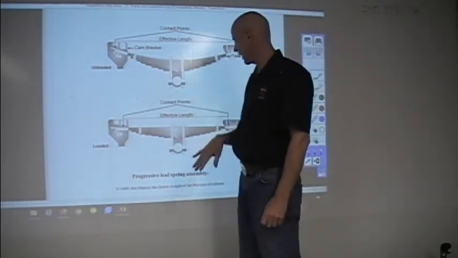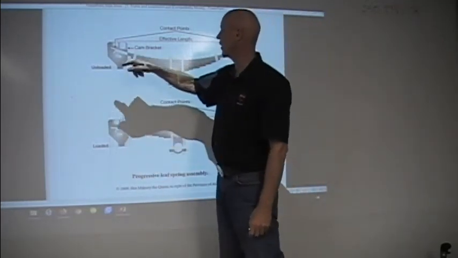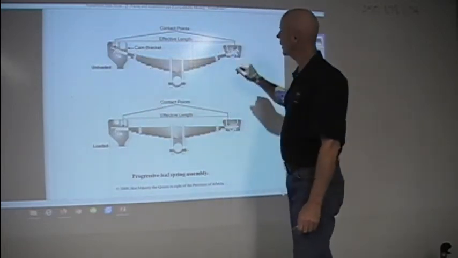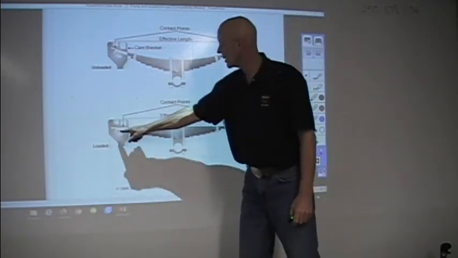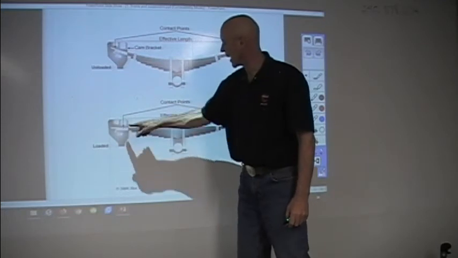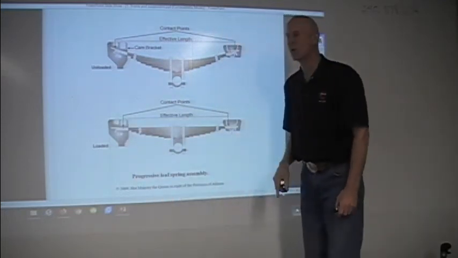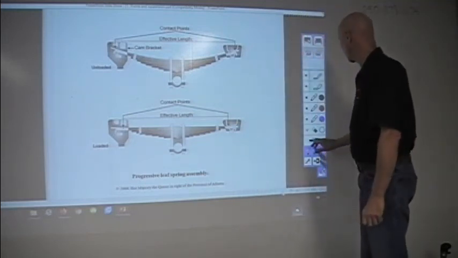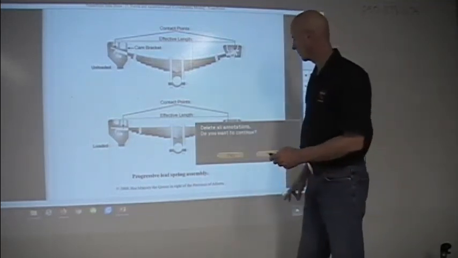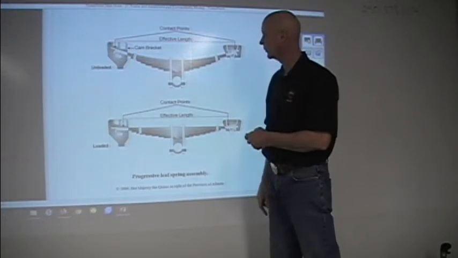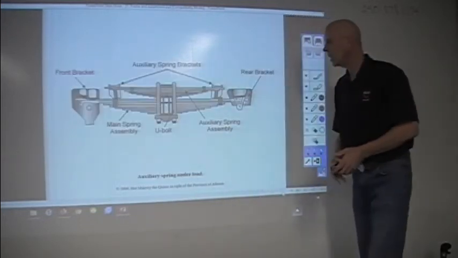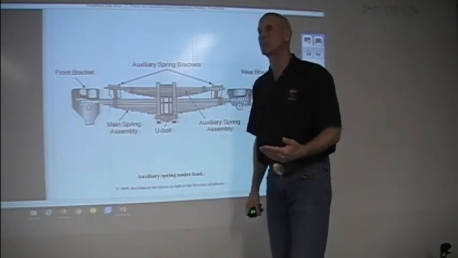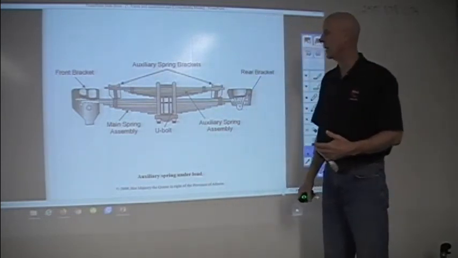So they call this progressive, but it's also a variable rate. Here's our contact point here and here, and as this moves up, you'll see that that contact is there and there, which is shorter. So that's why they call it a variable rate spring. The other thing we might see is auxiliary springs or overload springs set up on a spring pack.